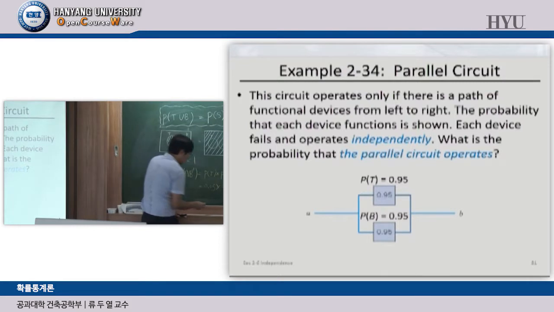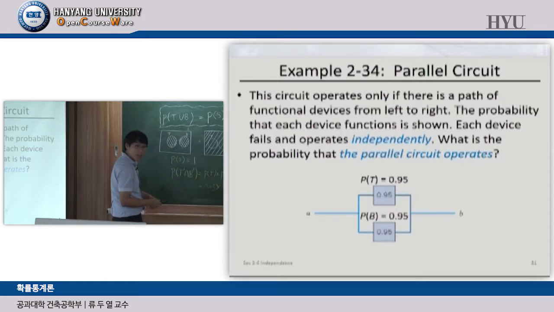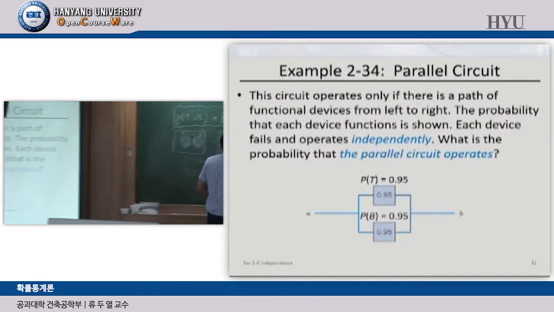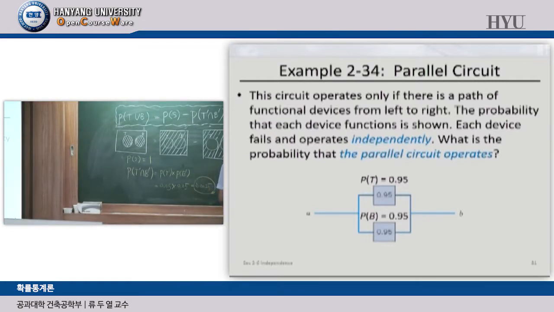So that equals 0.0025. Okay? So the probability of the union of T and B equals 1 minus 0.0025.